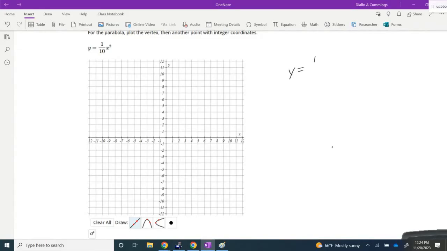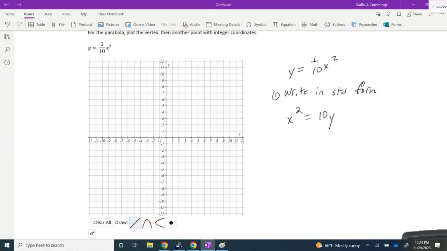So y is equal to 1/10 x squared. We're going to write it in standard form, so I'm going to multiply both sides by 10. So we get x squared is equal to 10y.